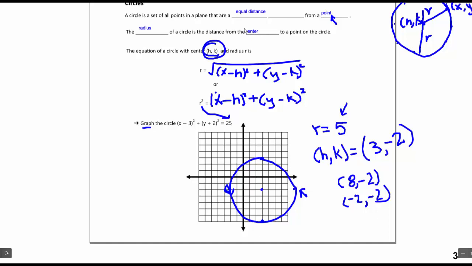And then we would do the same thing with y: 3, and then add 5 to the negative 2. I'm adding the radius, I'm adding 5. So we have (3, 3). And again, we have that point right up here. And then we would subtract 5 from the y, which is negative 7. So (3, negative 7). So that gives us our 4 points that we need in order to graph the circle. And then we just connect the dots to have the circle.